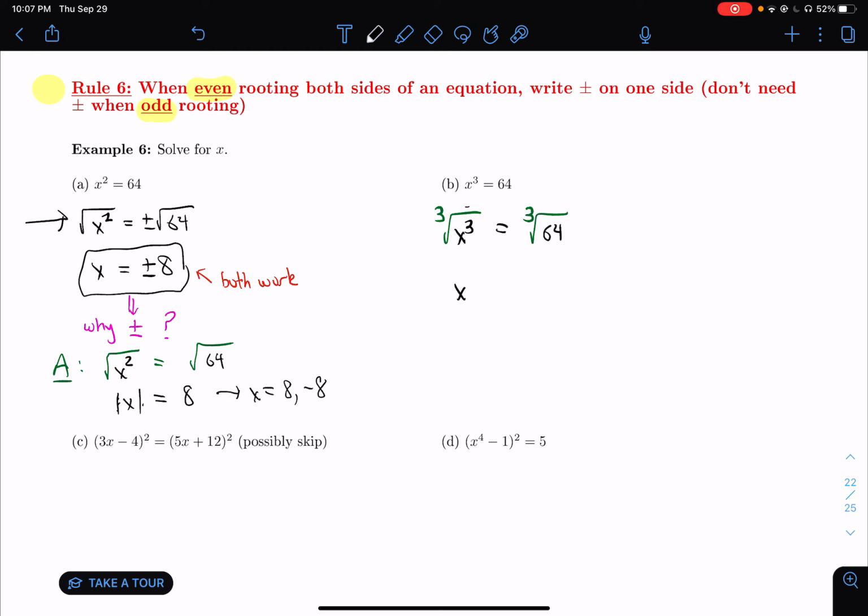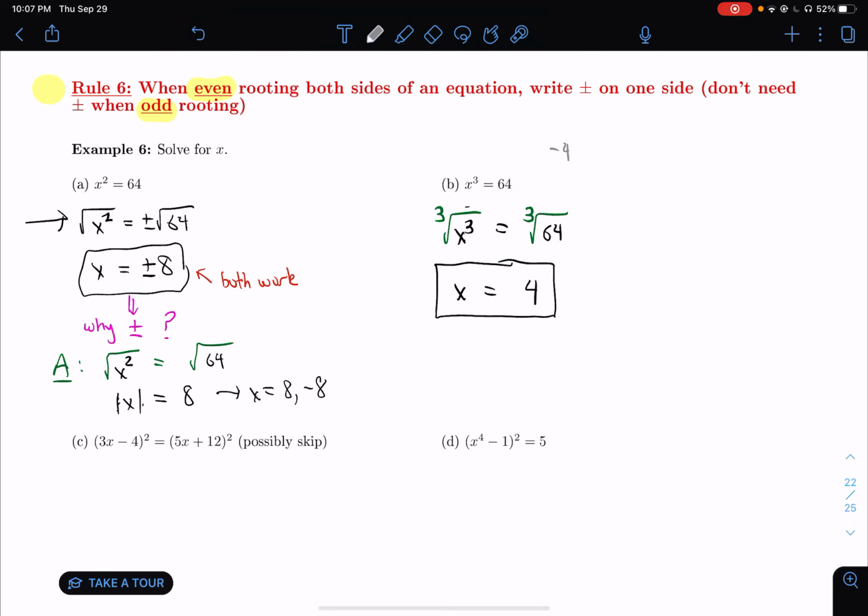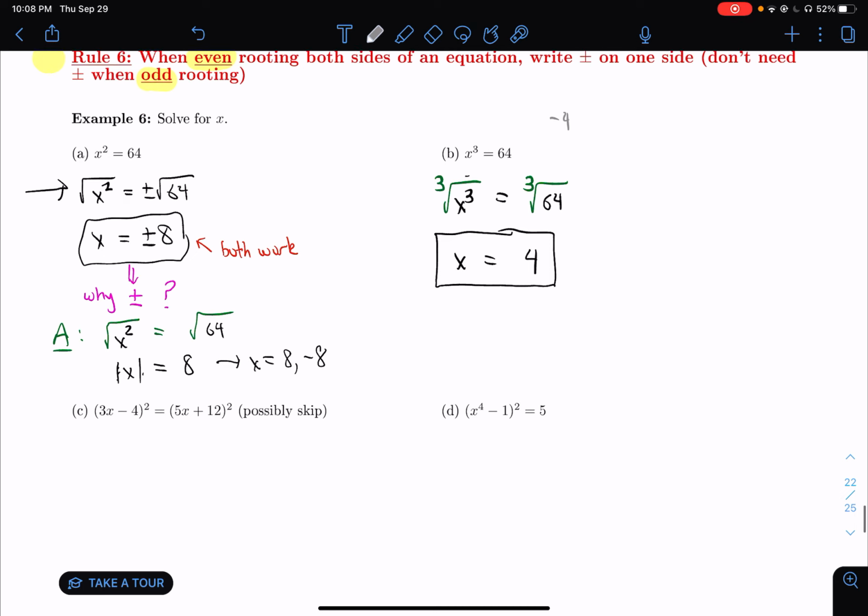And the cube root of 64 is 4, but I don't need a plus or minus when I take an odd root of both sides. This is the only answer. In fact, would negative 4 work? If I cube negative 4, it'll give me negative 64, and that's not what I want. All right, let's do another example.